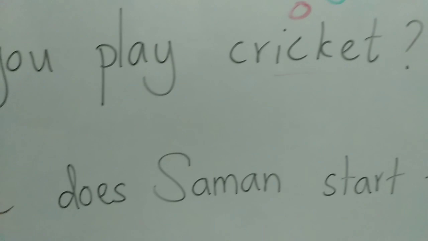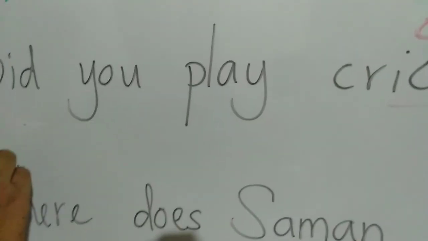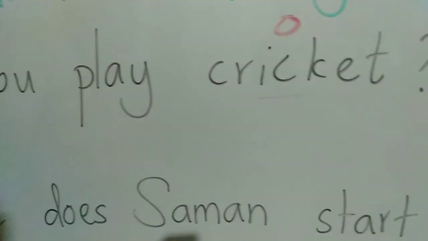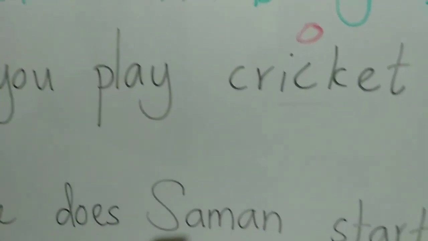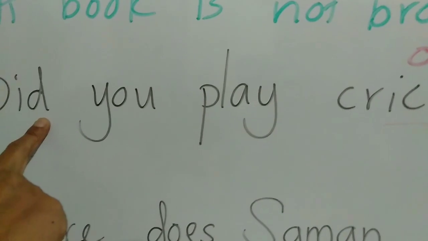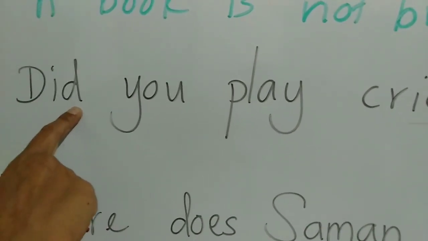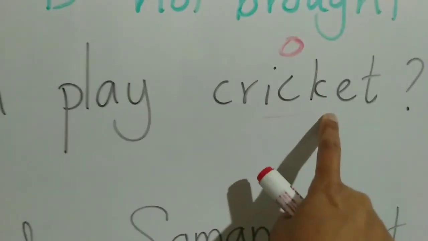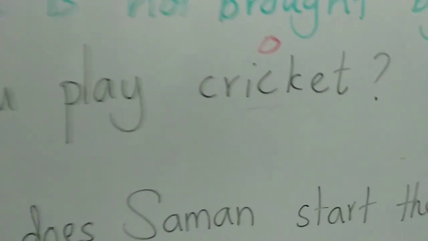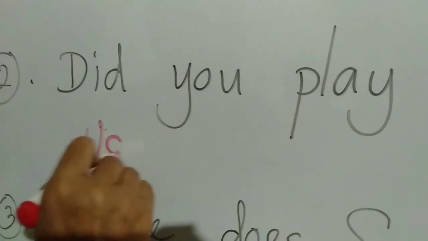Cricket. Cricket is the singular noun. Then you remember the rule you have to apply for the past tense passive, was plus past participle. As this is a singular noun, we put here was.